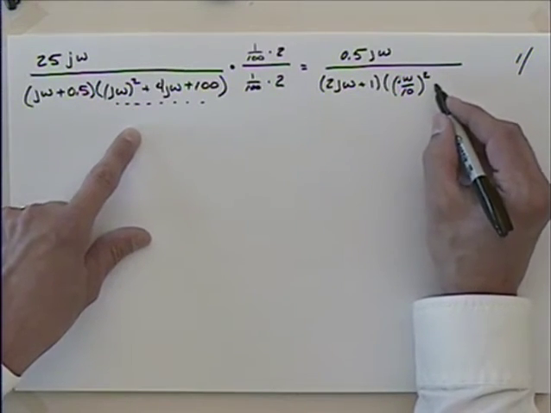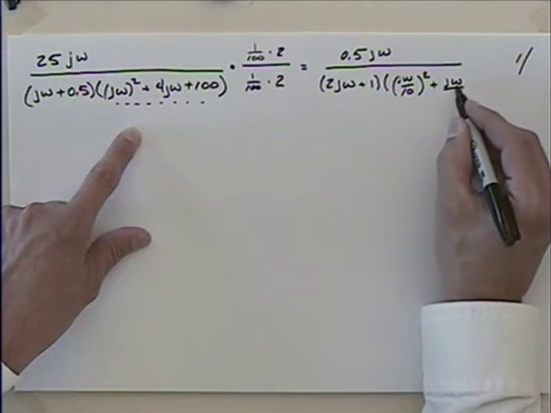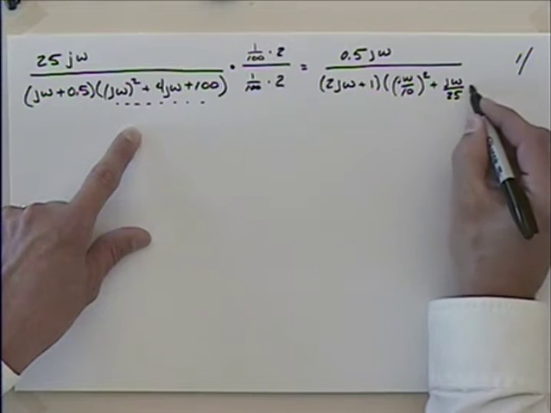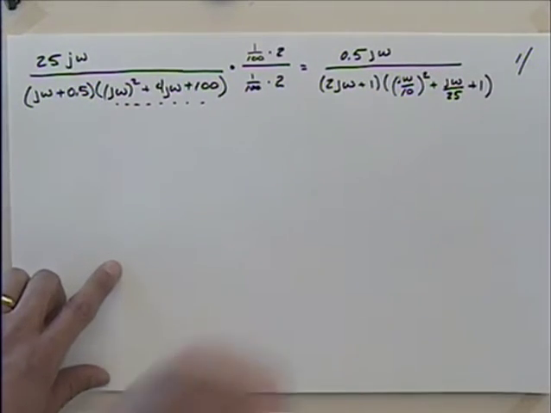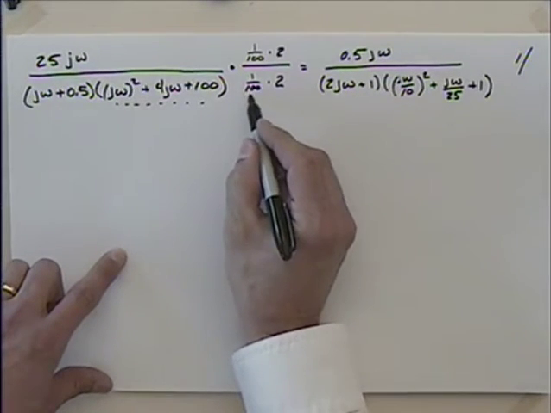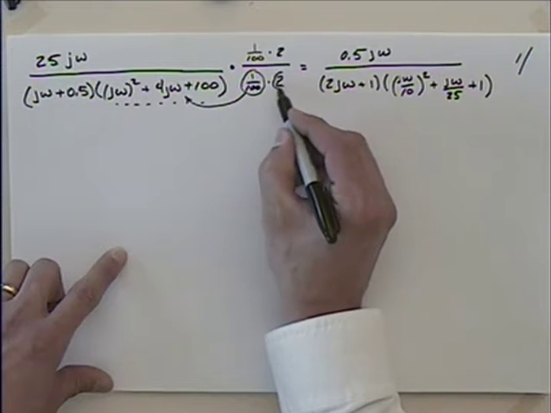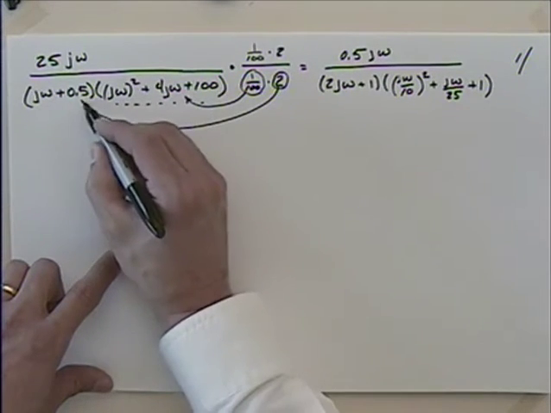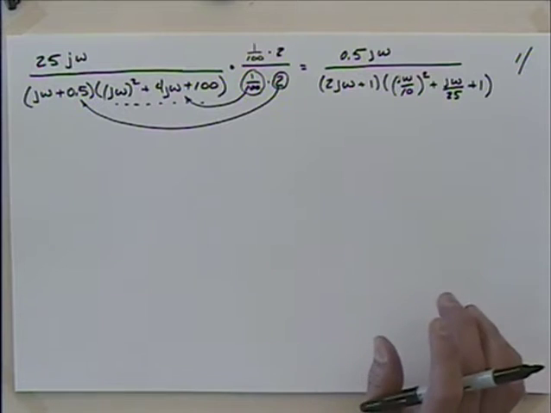Plus j omega over what, 25, plus 1. So I'm multiplying the 1 over 100 times this one and the 2 times that one, which should be fair game. So I get something like that.